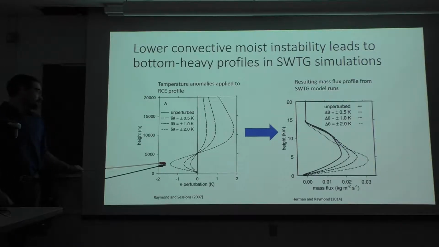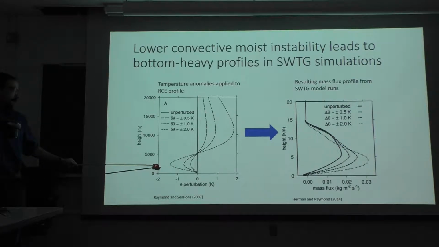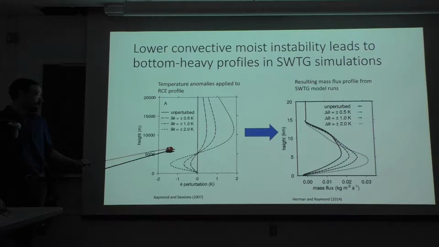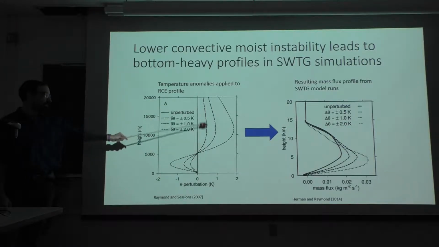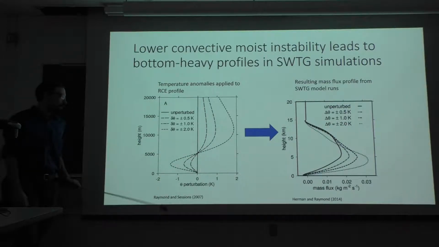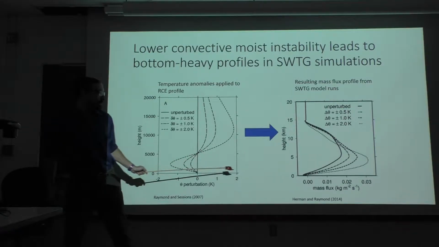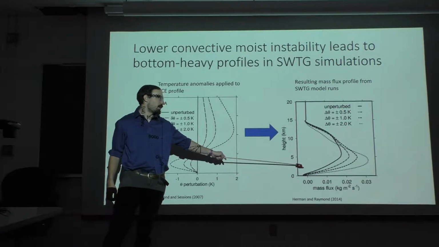But when you add these temperature anomalies or perturbations, which tend to stabilize the atmosphere because we have cooling in the lower troposphere and then warming in the mid to upper troposphere, and apply these to RCE simulations and run SWTG, you get increasingly bottom-heavy profiles.